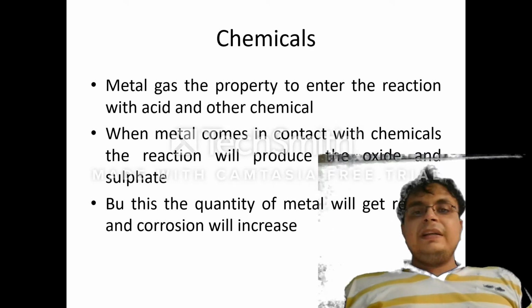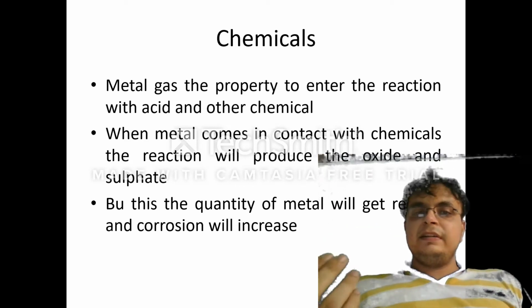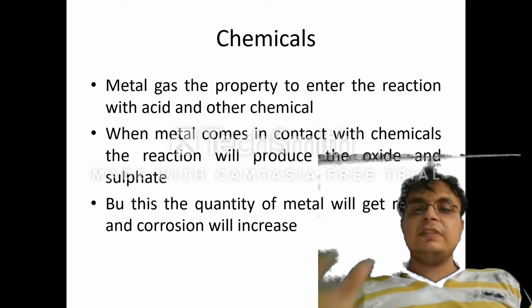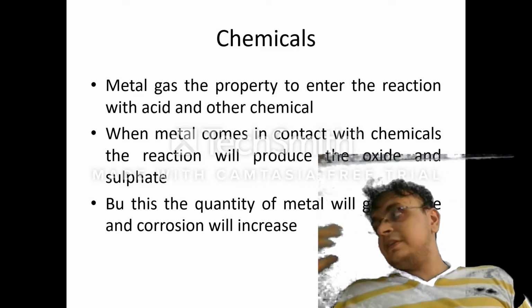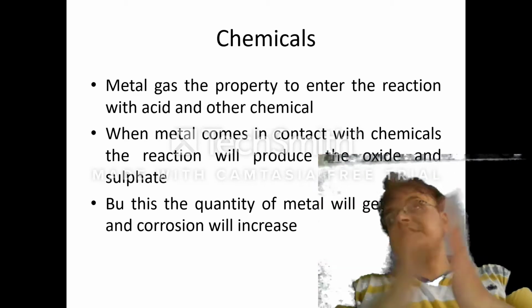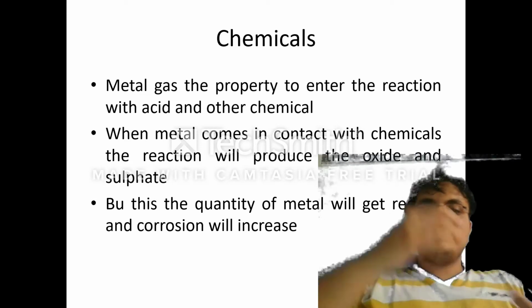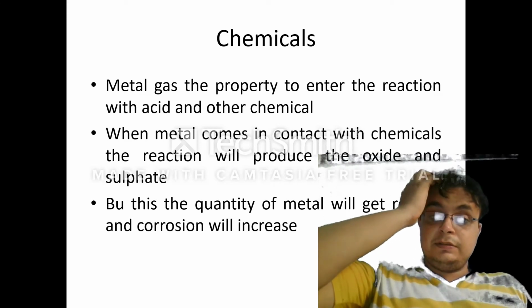Metal has a property to react with acid and other chemicals. When metals come in contact with the chemicals, the reaction will take place and it will produce oxides and sulfates.